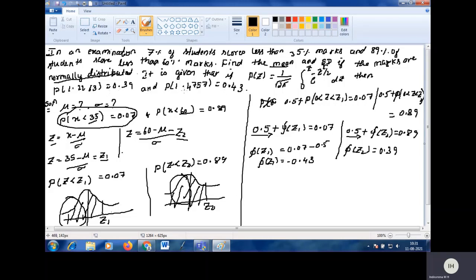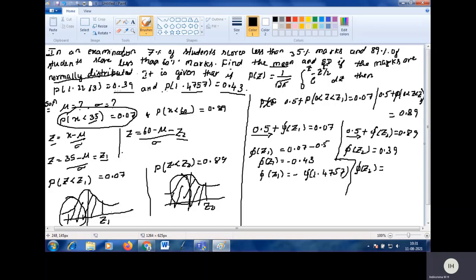From the table, we have to find for what value of z we will get 0.43. Here we have 0.43. So p we can take as phi or area. All of these give the same meaning. So phi of z1 is equal to minus phi of 1.4757. And phi of z2 is equal to 0.39.